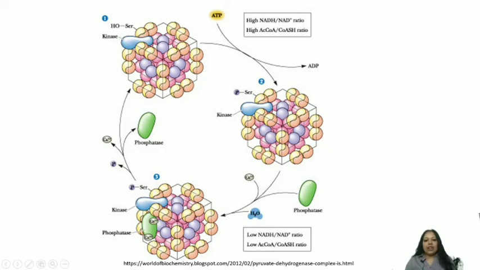Through this you can easily understand what will happen if the concentration of NADH is high, if the concentration of acetyl coenzyme A is high, and vice versa, if there is low concentration of NADH and low concentration of acetyl coenzyme A. It is a beautiful representation of the enzyme complex along with the kinases and the phosphatases, correct?